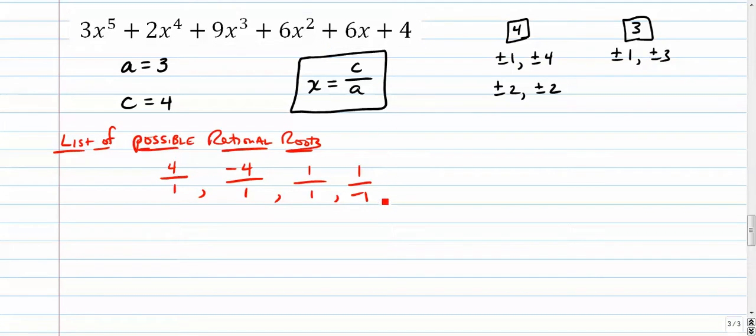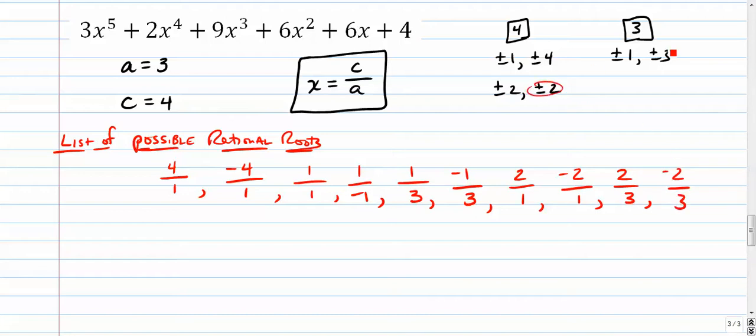Let's not skip around. 1 and 3. So we have 1 over 3, negative 1 over 3. Redundancies aren't important. Down here, 2 and 1. 2 over 1, negative 2 over 1. 2 over 3, negative 2 over 3. So that time I'm using the other combos.